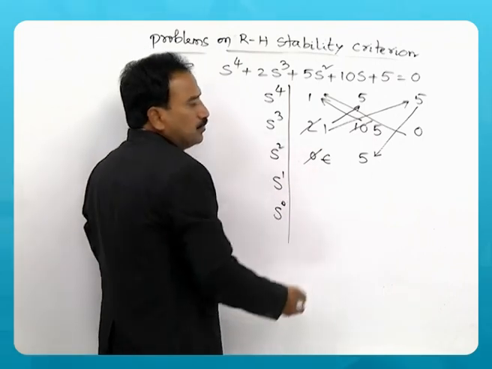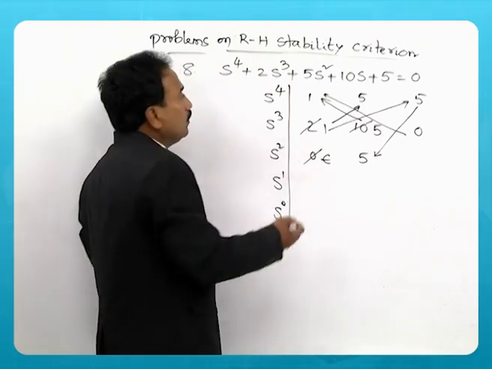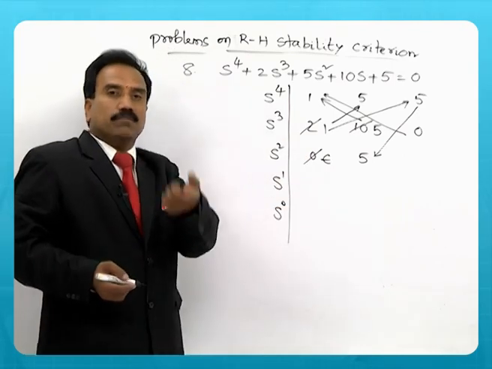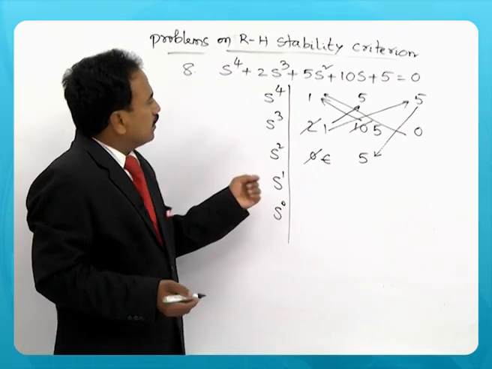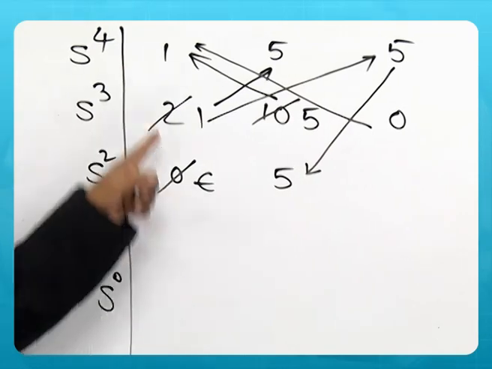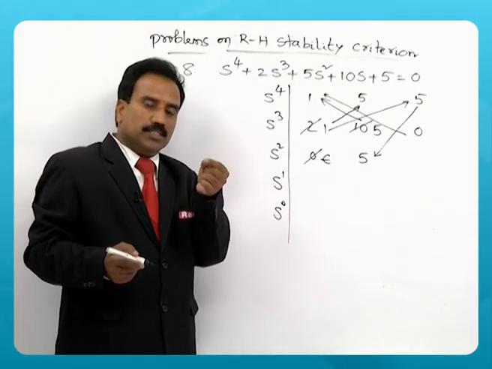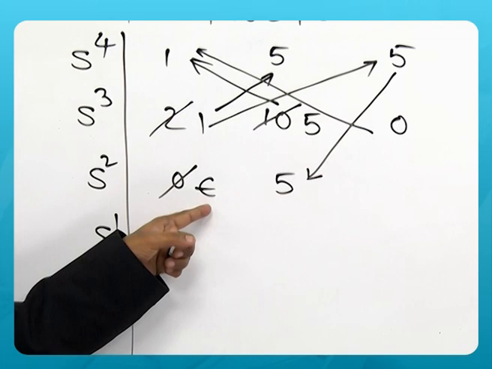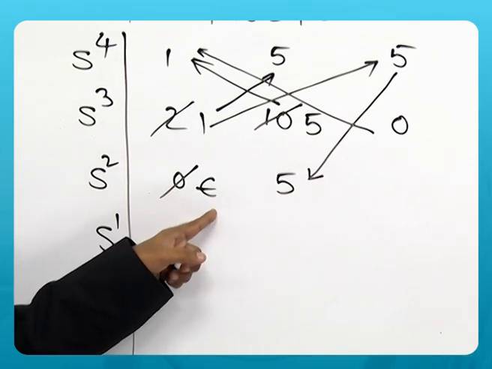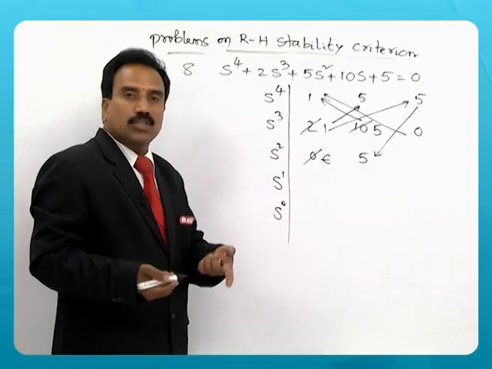Now you continue constructing the table. So this is case 1, which we have discussed just now: if a 0 appears in the first column, one element is 0, then replace it by epsilon, then continue constructing the table.